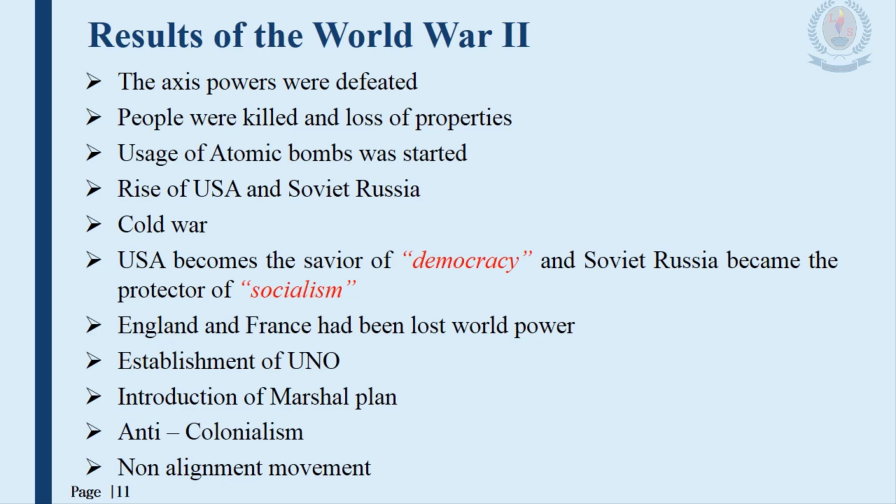And it is the largest and the most powerful organization in the world until today. And Sri Lanka also is a member of UNO. So we can talk about the UNO in the next chapter.